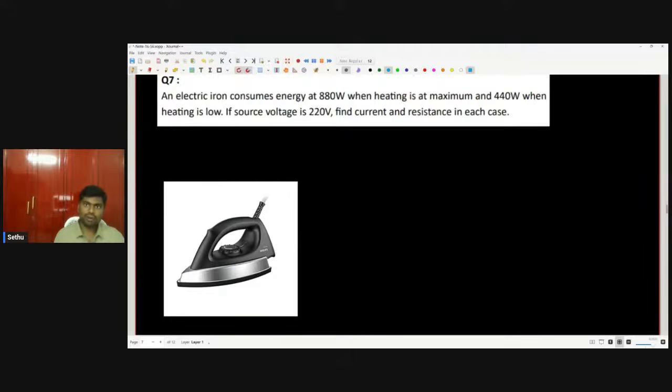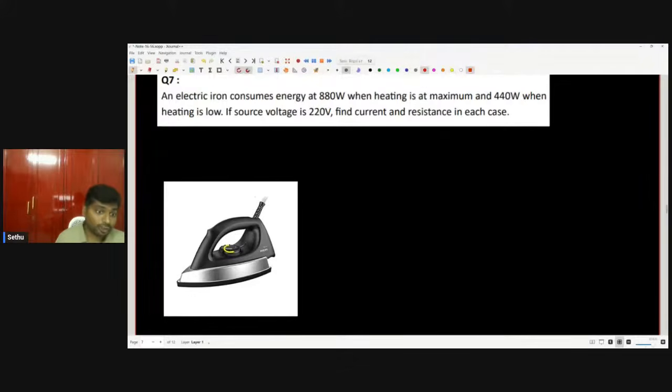See, you might have noticed that here you have got this turn knob, right? By turning this knob, you are able to adjust the heat settings. For example, cotton, linen, etc. You would iron it at high power, right? You want a lot of heat. And for delicate things like silk, or sometimes if you're ironing some synthetic clothes, we keep the heat level really low. Now, what is happening?